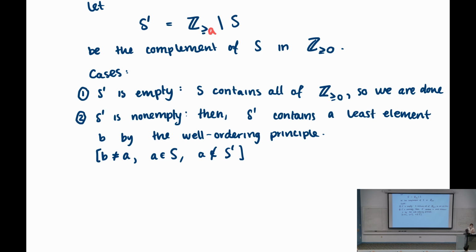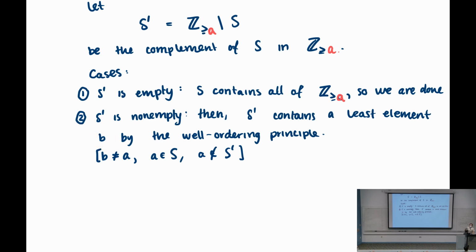So we'll look only at integers that are greater than or equal to A, and then take away S. Okay, so let's just check this. It is possible that S prime is empty, and that would mean that we are done. And in this case, we can still apply the well-ordering principle, and we'll use this least element B.